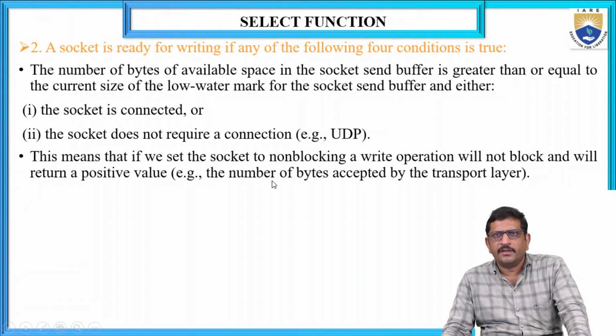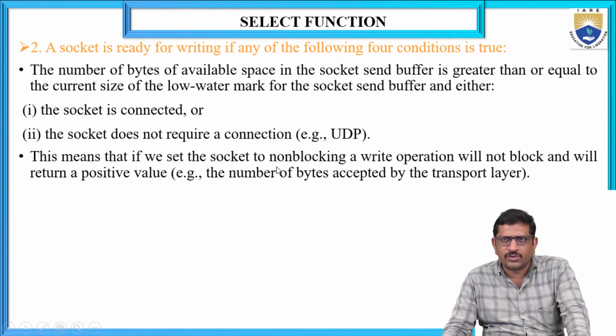This means that if you set the socket to non-blocking, a write operation will not block and will return a positive value, that is the number of bytes accepted by the transport layer.